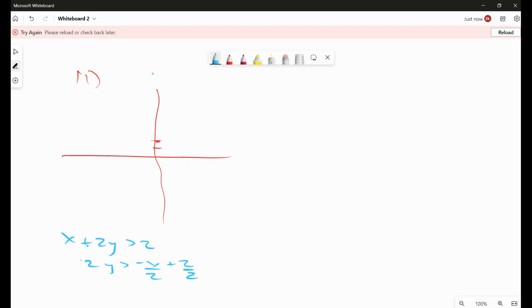That is going to give me a line through 1, with a negative slope that goes down 1 and over 2, and it's going to be a dotted line that goes like that. That's that one.